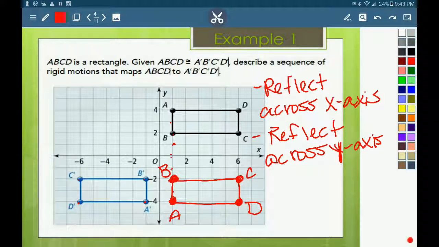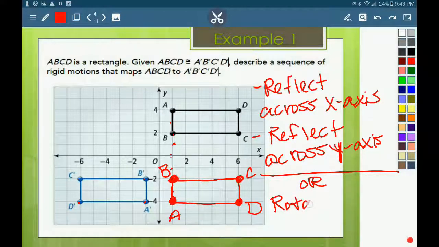Now, you could have also, instead of doing two reflections, you could have done a rotation of 180 degrees. Okay, so a rotation of 180 degrees would just be one movement, and you would see A sit on top of A prime, B sit on top of B prime, C sit on top of C prime, and D sit on top of D prime.